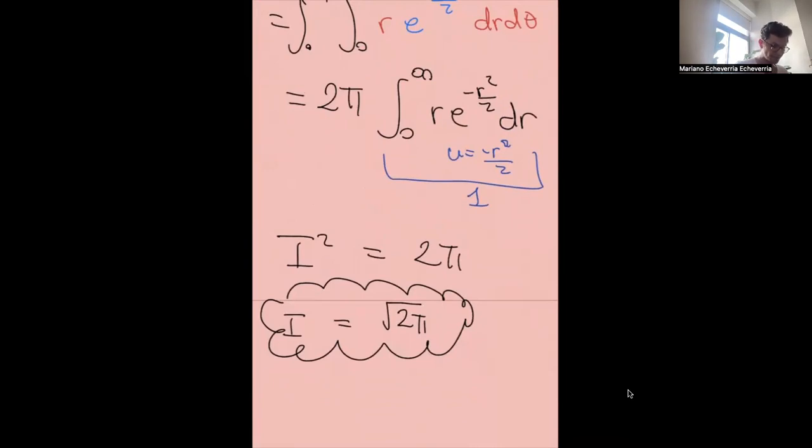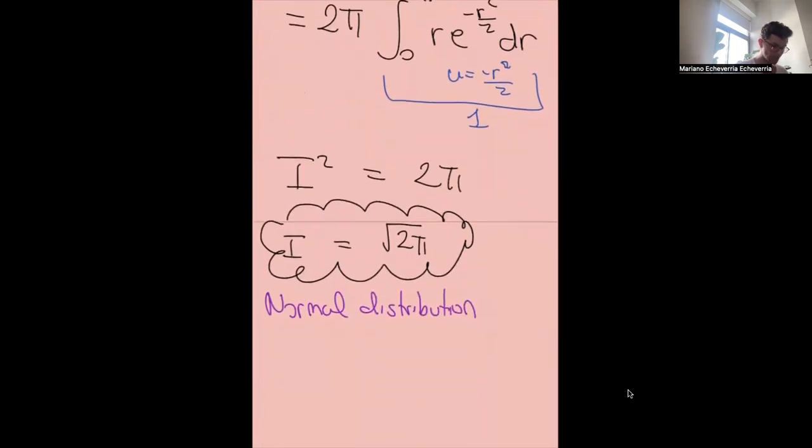So you can define the normal distribution, which is f of x equals 1 over root of 2 pi k, e to the minus x squared over 2k. Is that okay? So far, so good. Questions about up to this point?